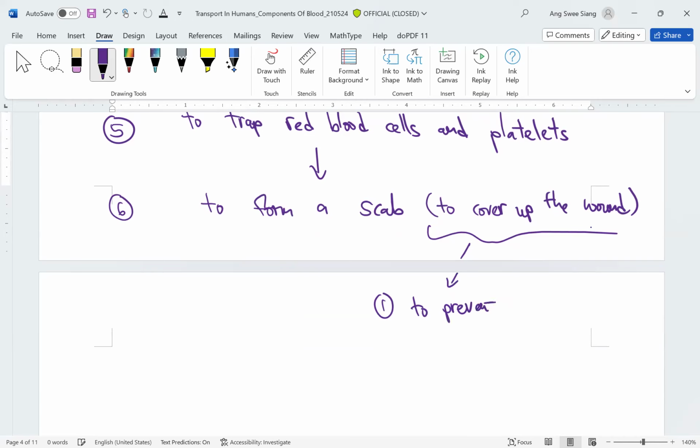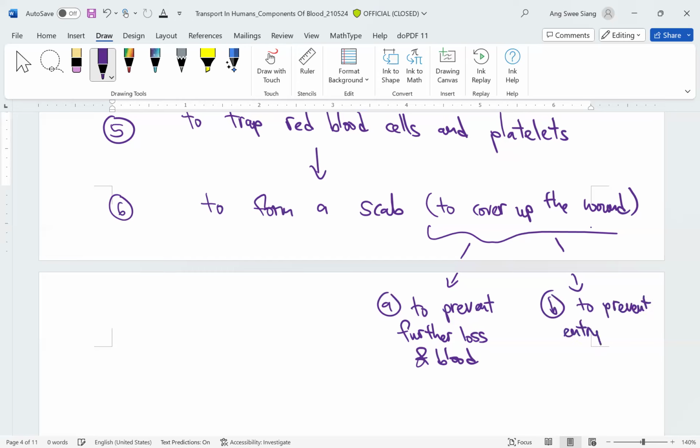To prevent further loss of blood, and the second reason is to prevent the entry of foreign particles into the blood.